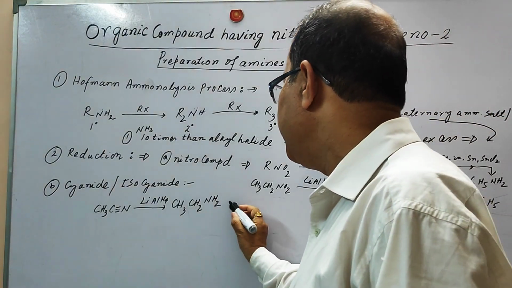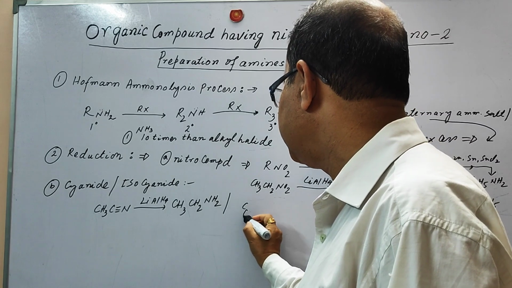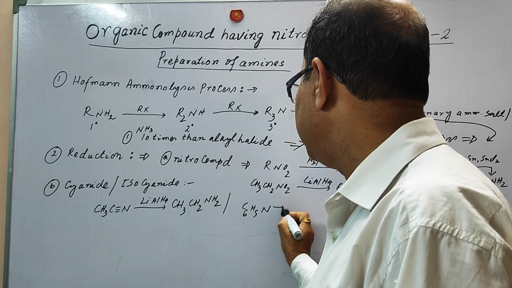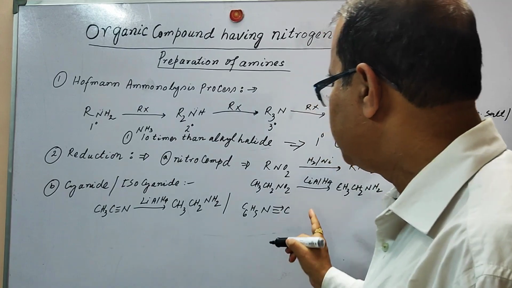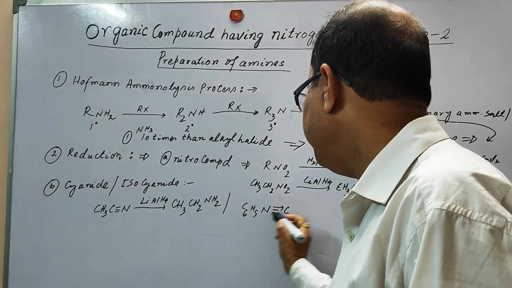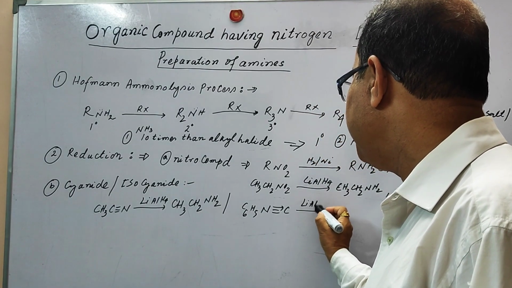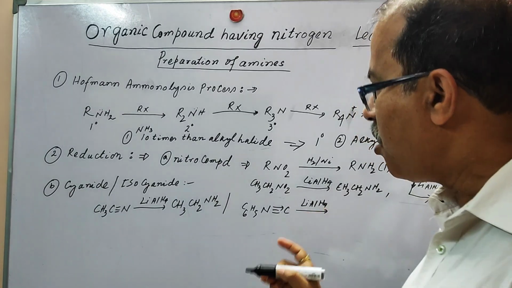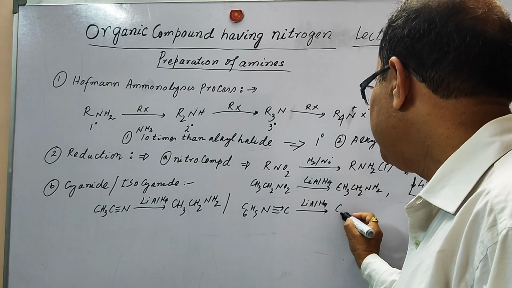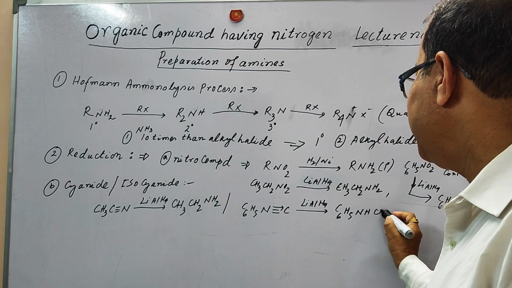In the same way, if we use the isocyanide product, C6H5NC, this is phenyl carbylamine. When this is reduced with lithium aluminum hydride or sodium with alcohol, it is going to produce an amine which is not primary but secondary.